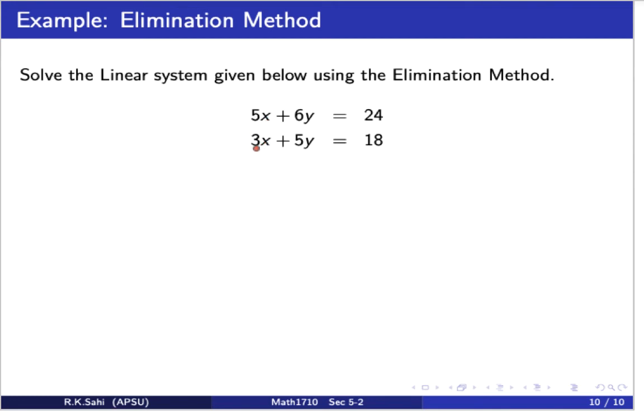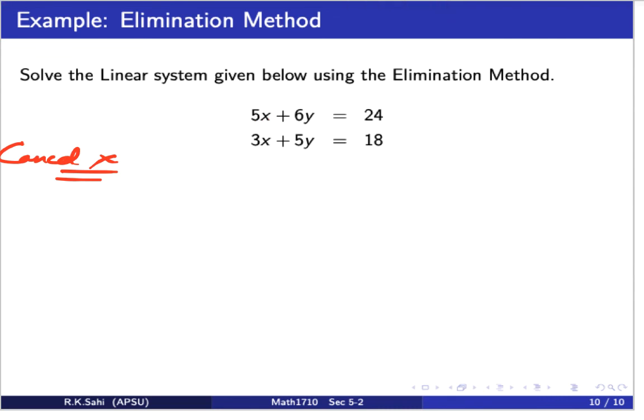So this time I'm going to cancel x. Now, to cancel x, notice the first equation has a 5, the second equation has a 3. So let's multiply the first one by negative 3 and the second one by 5, so that we get 15, because we have to have the same value but opposite in signs.